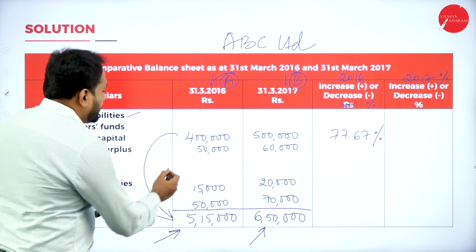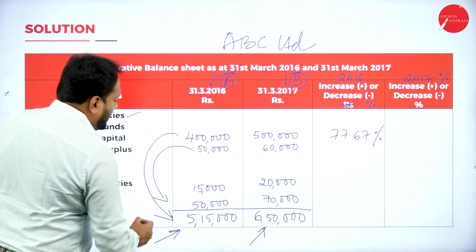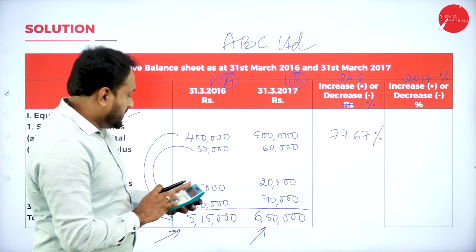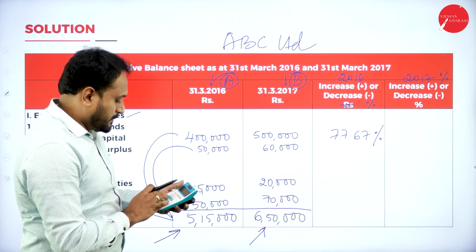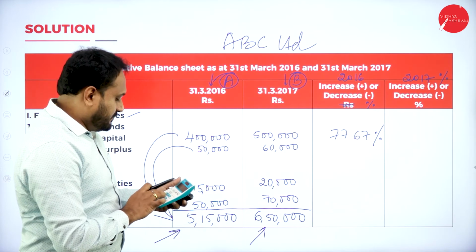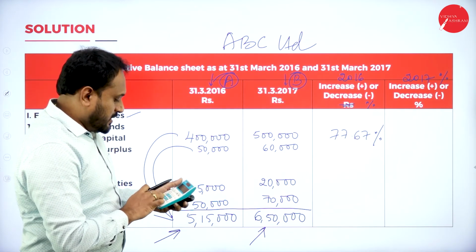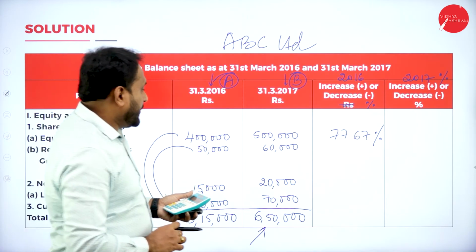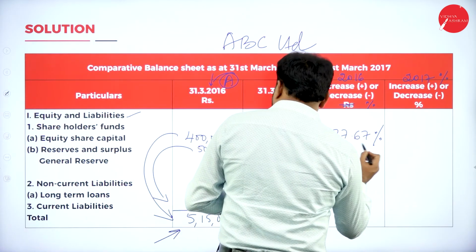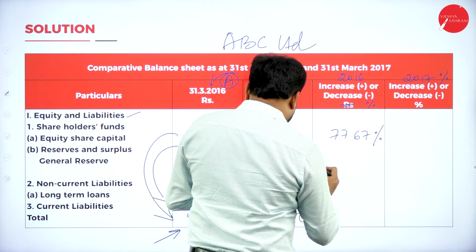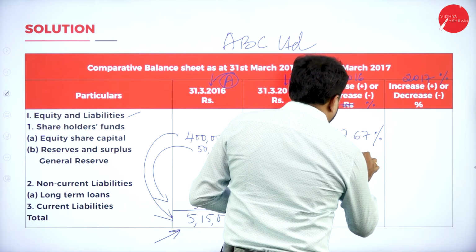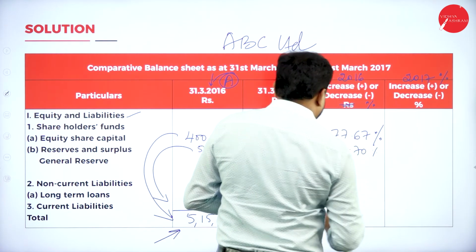Now next one is what? 50,000 divided by 5,15,000 into 100. 9.70, so I'll write 9.70 percentage.